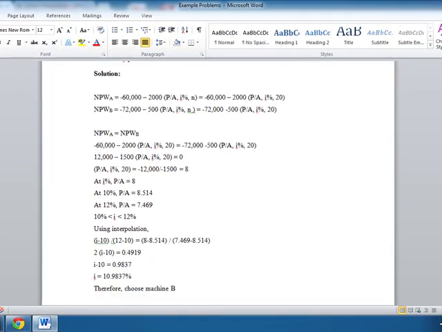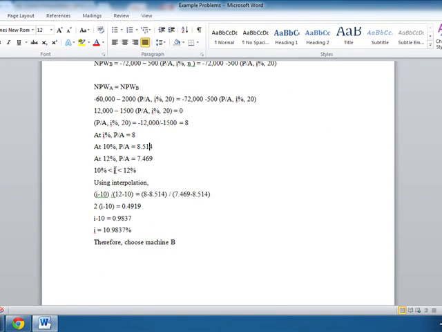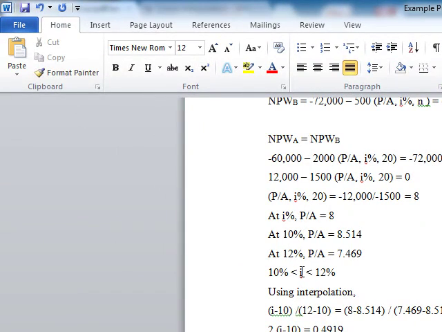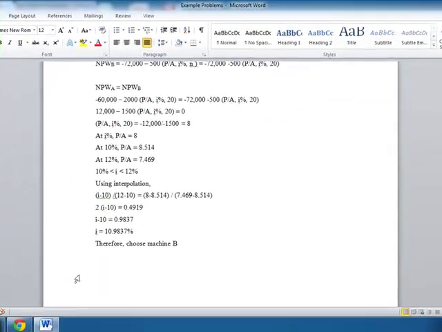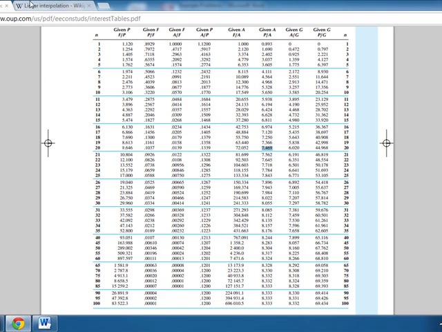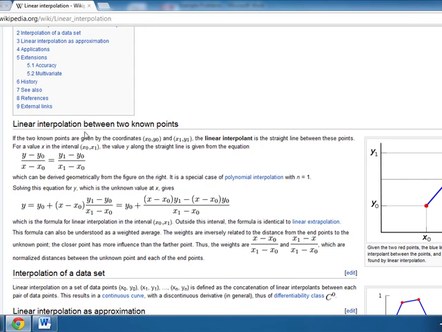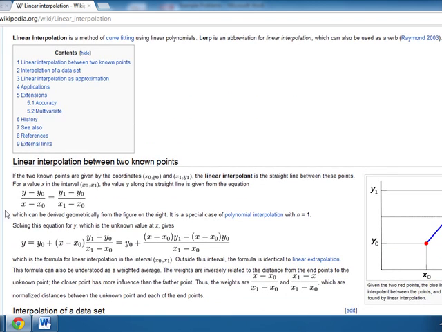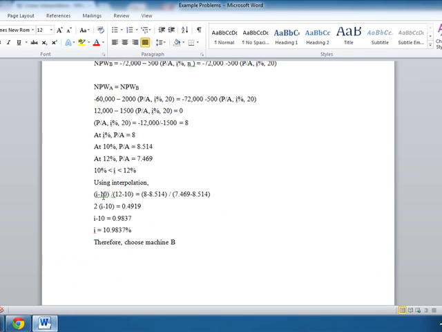Now we can use interpolation to find the exact value of I. All of you should be familiar with interpolation. If not, you can go to Wikipedia, linear interpolation. You have a formula there. This formula is what we are using to find the exact value of I. So I will explain it here.